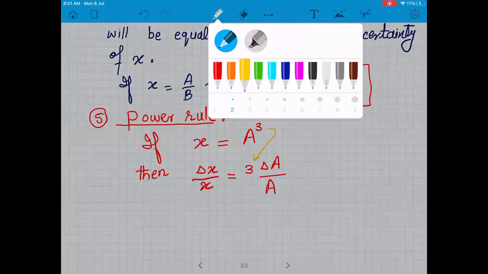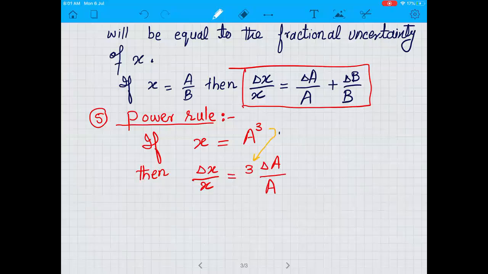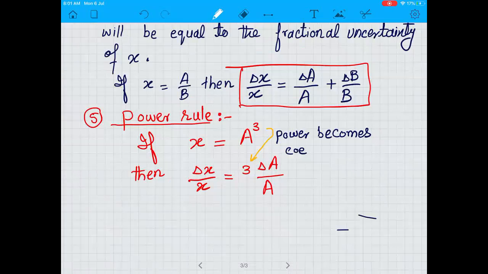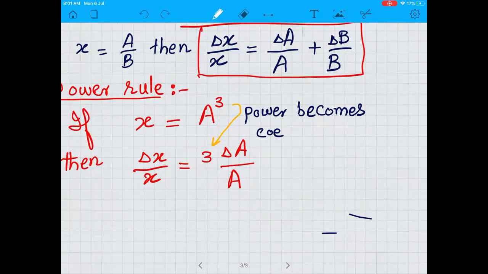Now the important thing is, in the uncertainty formula, the power becomes the coefficient. So whenever you write a formula for uncertainty, the power in the formula will become the coefficient.